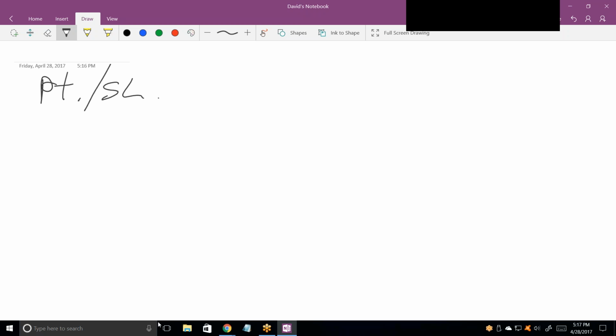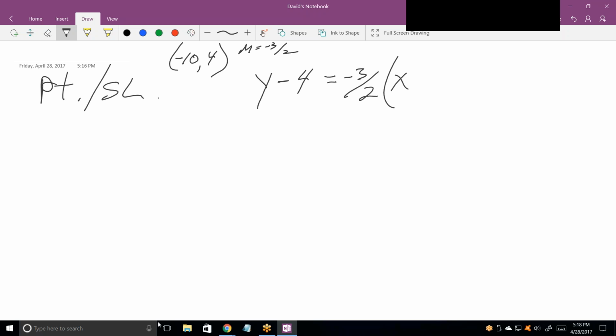Okay, so it wants me to write this one in point slope. So I'm just going to plug it in from the start. So y minus 4, because the point is negative 10 comma 4, equals the slope, negative 3 over 2, times x minus 4. No, negative 10, sorry. x minus negative 10.